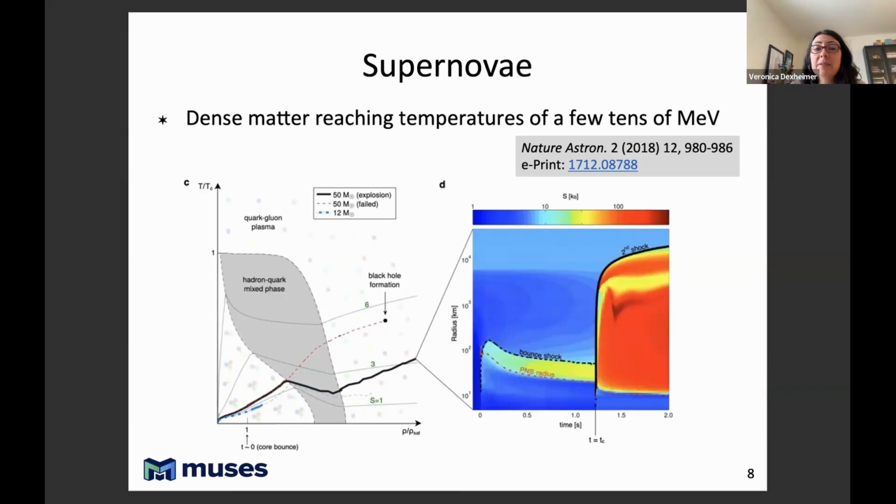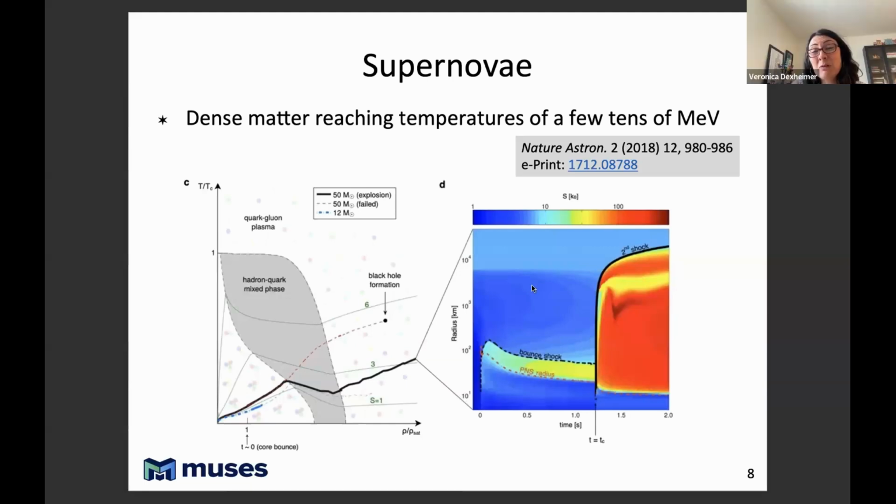I'm not going to spend time discussing this phase diagram here, but what I want you to see is you can reach hot temperatures. They kind of normalize by the deconfinement temperature here, so it's kind of hard to see. You can also reach high temperatures comparable to low energy ion collisions.